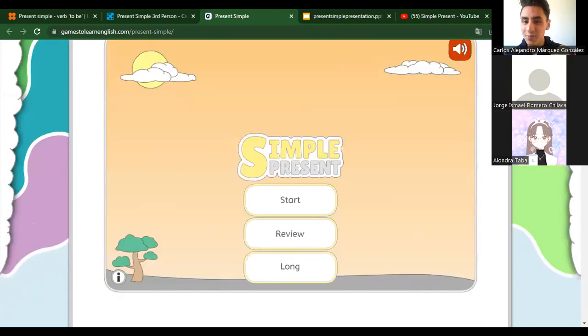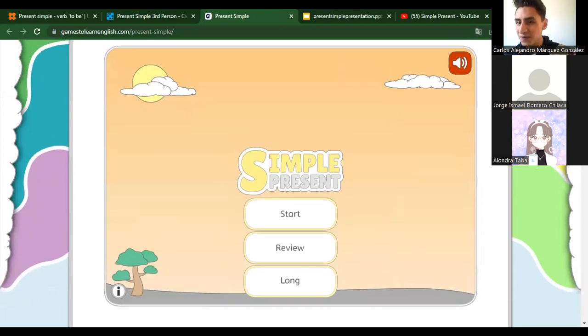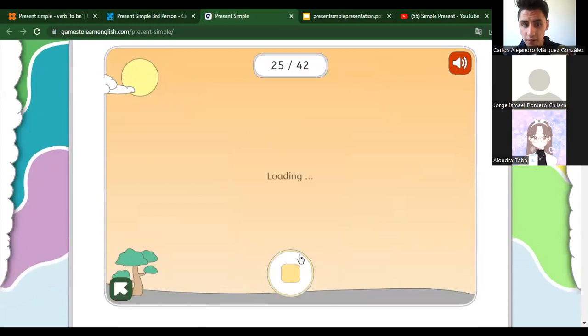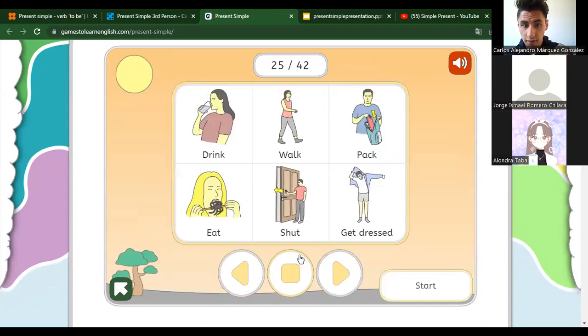Now we're going to play a video game. It's very easy. But first, we're going to study some verbs so that you can answer the quiz properly, okay? Here we have some verbs. The first one, drink.